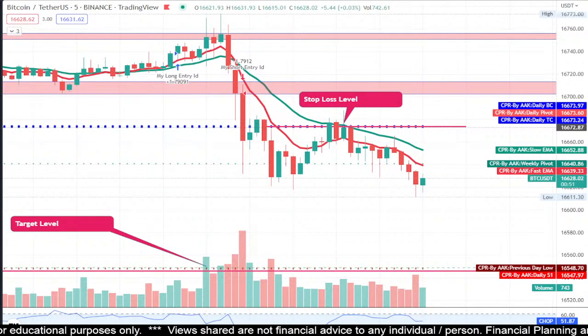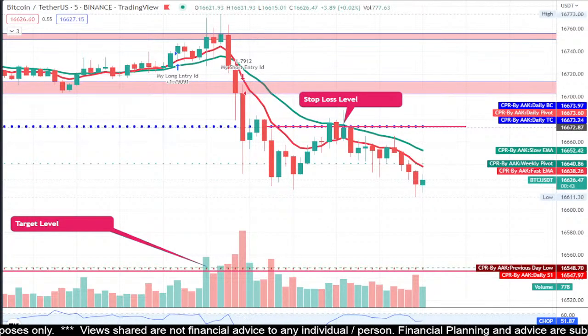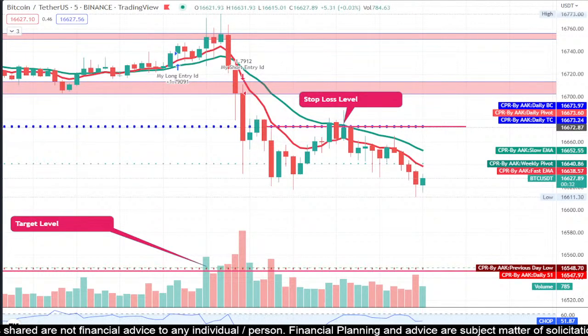Based on the current minor retracement, we are still running a profit of approximately 22%, and we are holding the levels very well, just waiting for the probability to become more certain, as it is pretty certain right now and moving towards our target, which is the previous day low of 16,548. I am looking at a target of 16,550.